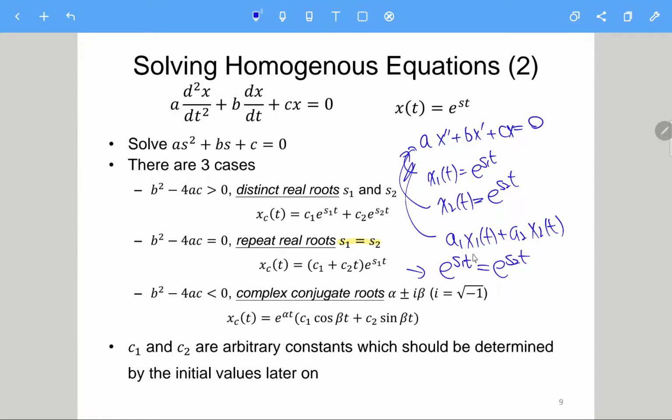So if we just write a1 x1t plus a2 x2t, that is nothing but a1 x1t, because these two functions are actually the same, so it is a constant multiplied by this one only.